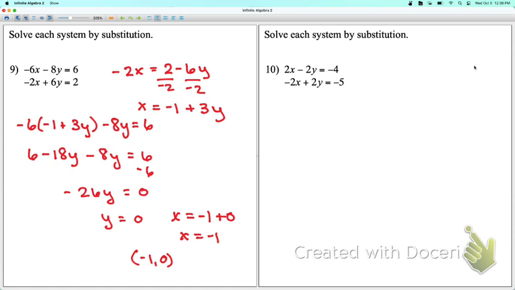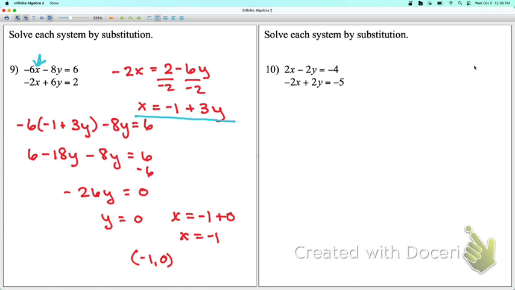So I subtracted over the 6y and divided everything by negative 2 and got x equals negative 1 plus 3y. Then I substituted that back into the original problem right here. I distributed my negative 6, combined my like terms, subtracted over 6, and got y was 0.